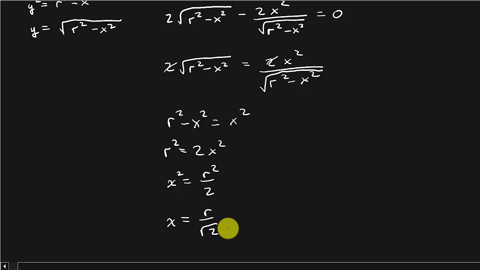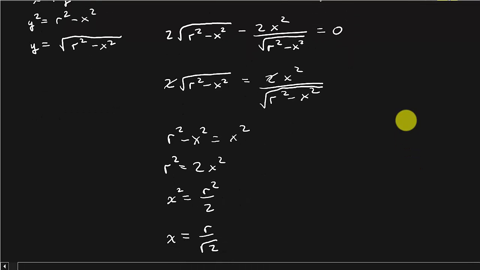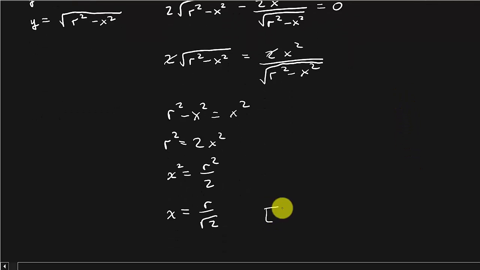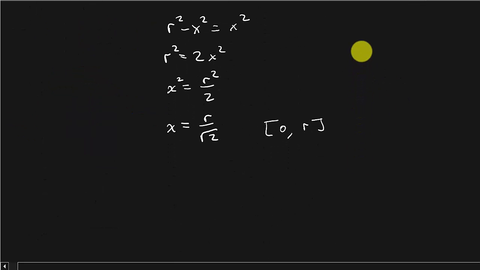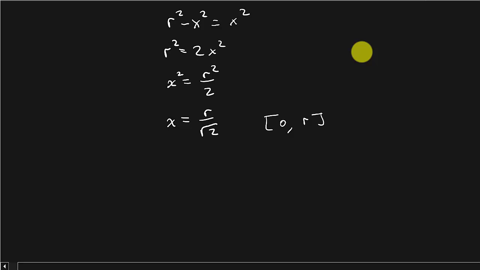All right. And this is going to be a maximum. Okay, this is going to be my maximum. And also, remember, we're between 0 and r. Remember this up here? We're between 0 and r. So, I mean, you know it's a maximum. This is positive, right? We know this is positive because r is positive, square root of 2 is positive.